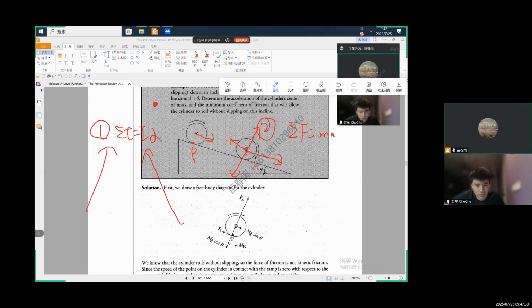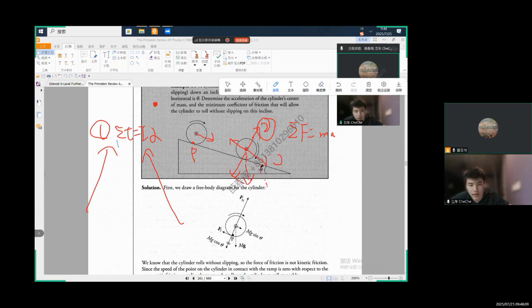This is my gravity, this is the component. As long as I remember this, I should be fine, and also the diagram. Only with the diagram can we analyze it a little better.